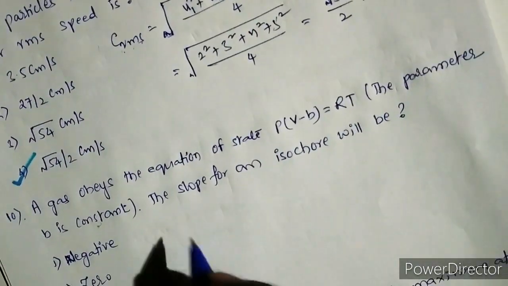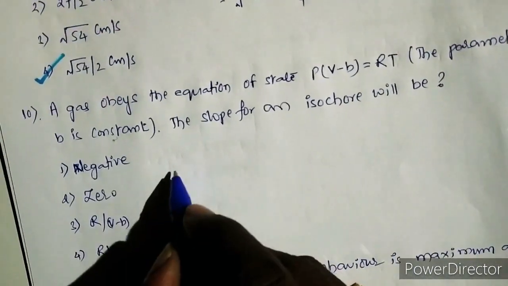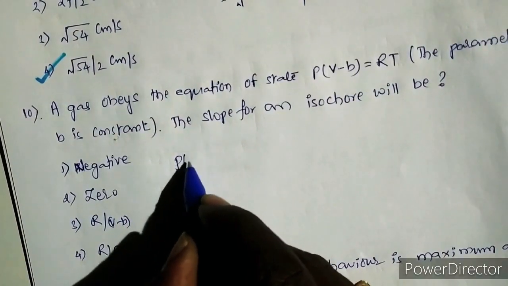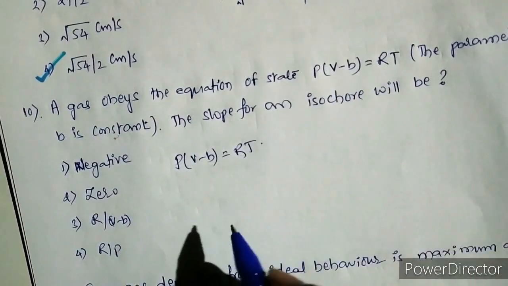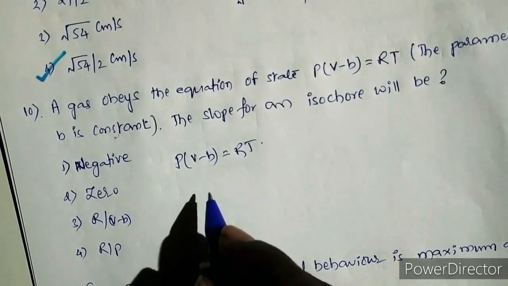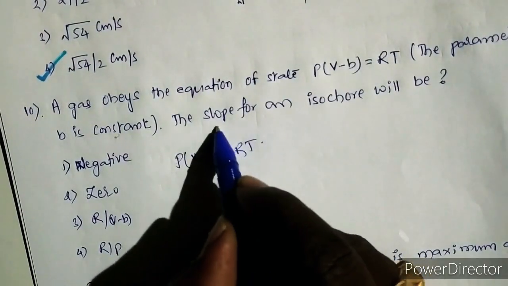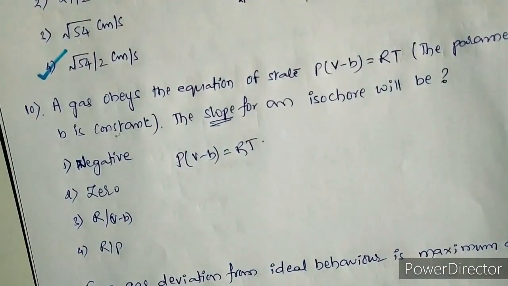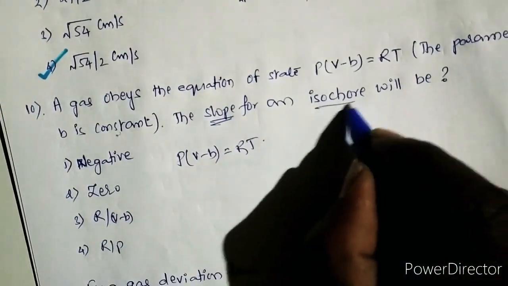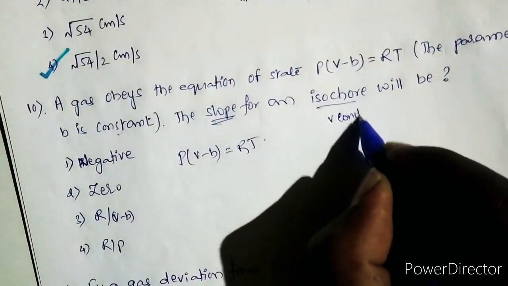So what is given is, the given formula is equation P into V minus B is equal to RT. Now they are talking about what is the slope for an isochore. Isochore means what? Isochore means volume is constant.